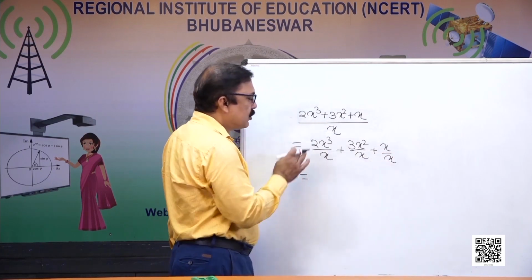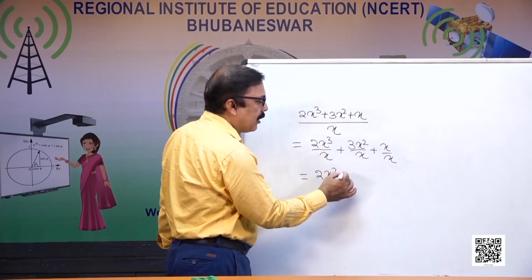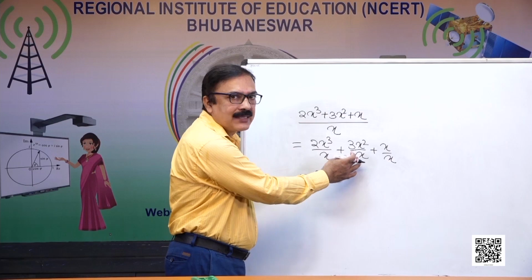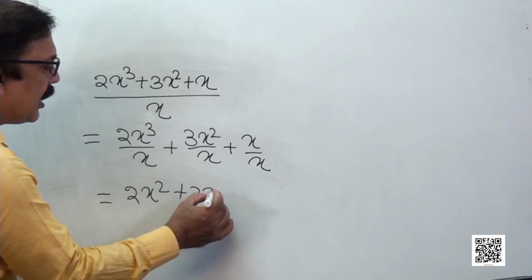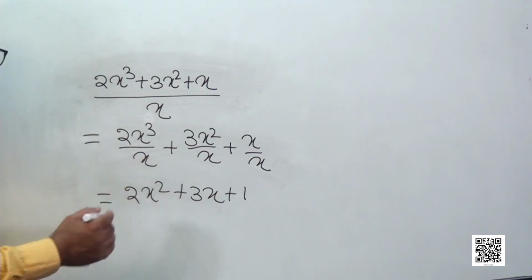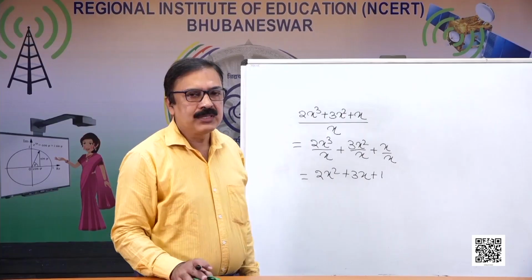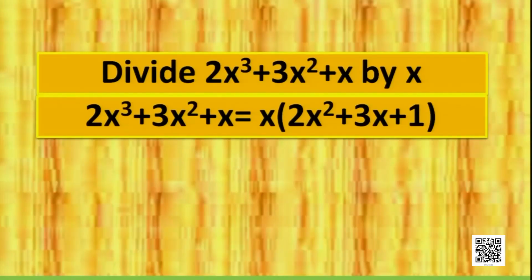This shows 2x cube by x gives 2x square and 3x square by x gives 3x plus 1. So we can write 2x cube plus 3x square plus x as x into 2x square plus 3x plus 1.